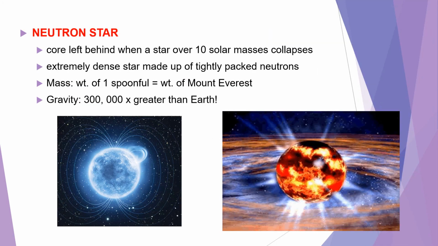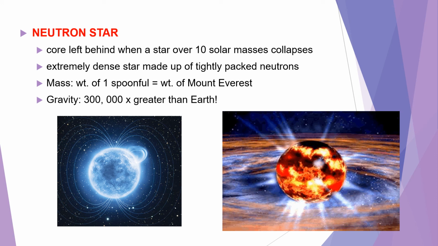Okay, then what's left behind after the supernova is something called a neutron star. So guys, there are two routes that a high mass star can take. After a supernova, it can either become a neutron star or a black hole. So first we're going to talk neutron star.